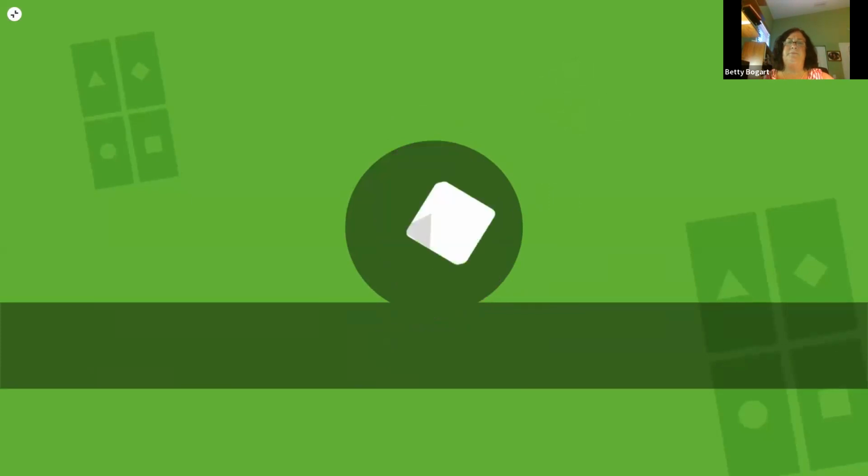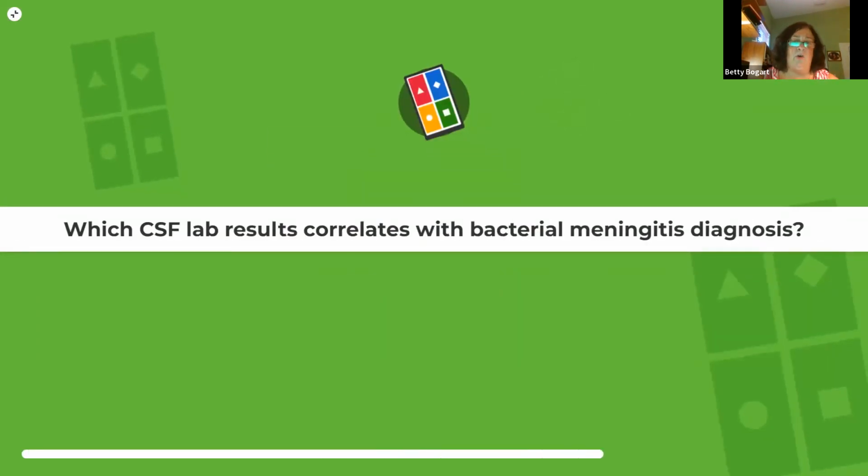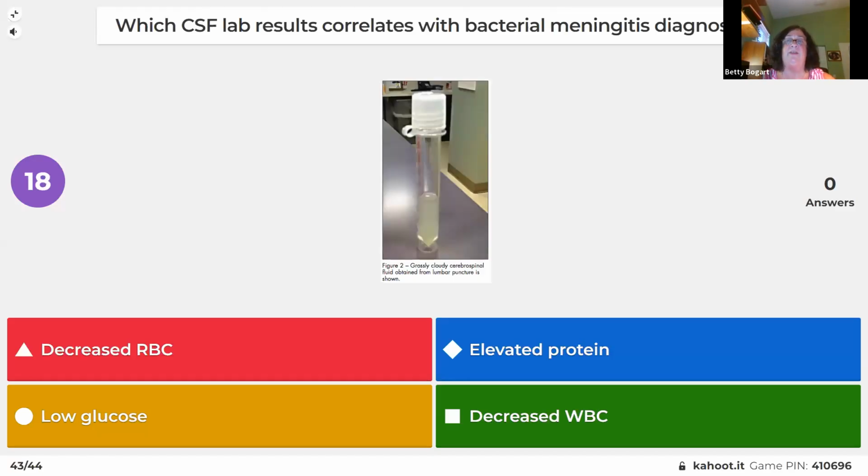Two more. Multi-select. Which CSF lab value correlates with bacterial meningitis diagnosis? So you do a spinal tap and you look at it. Clear means there's nothing. Cloudy is definitely bacterial. Now there are two things that we see that are elevated or decreased.